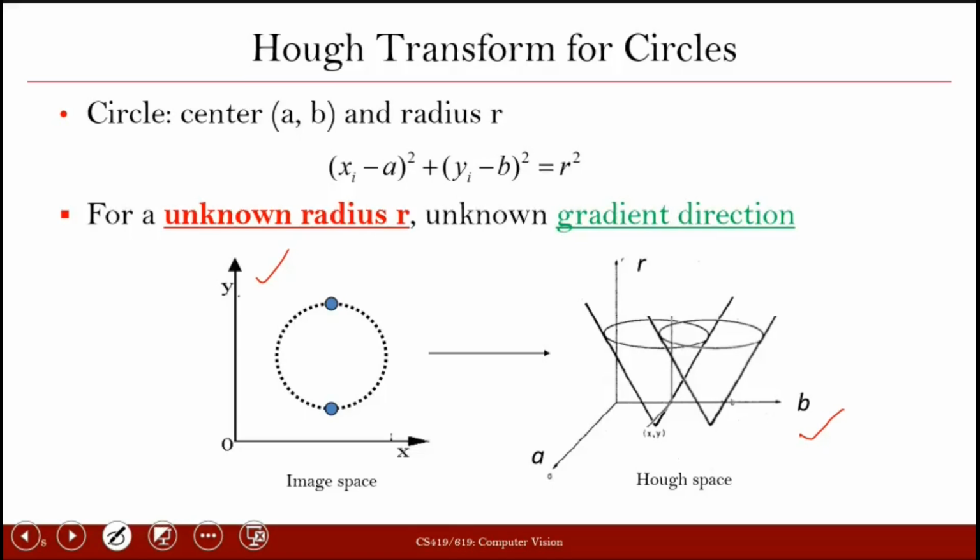So a particular cell for A, B, and R which has got more number of votes will actually decide the model parameters.